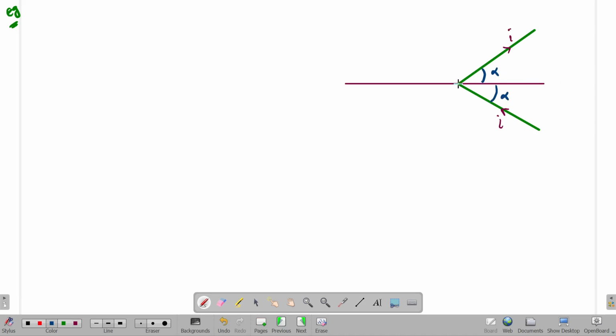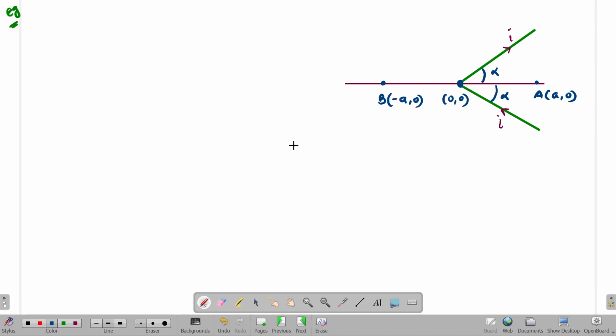Alpha. This is point (0, 0). This is point (A, 0), and this is point (B minus A, 0).